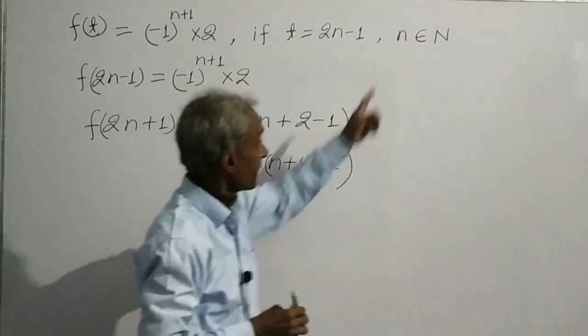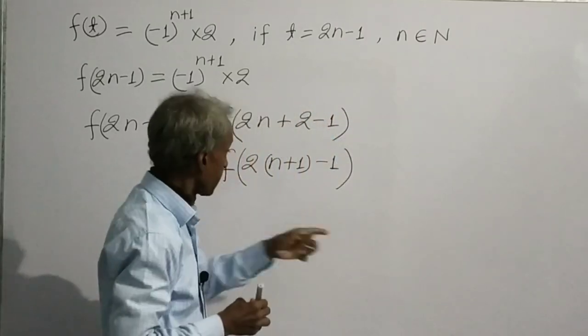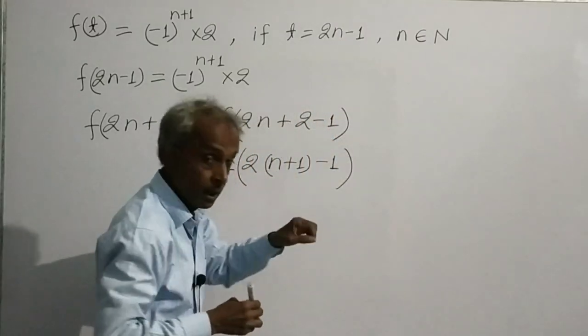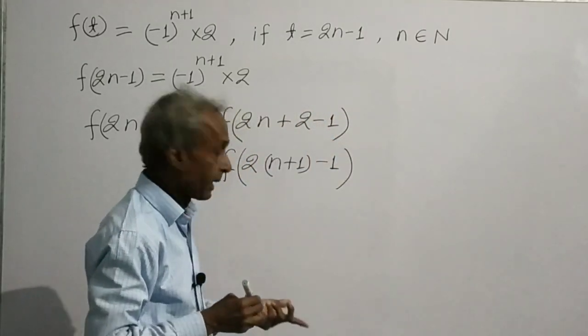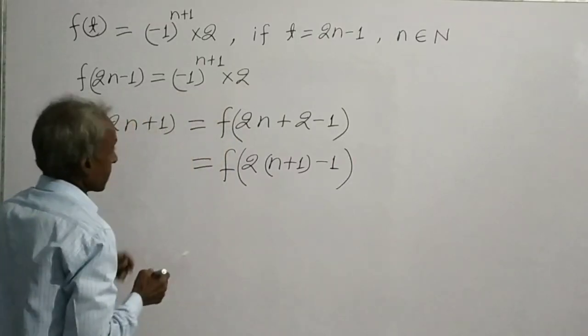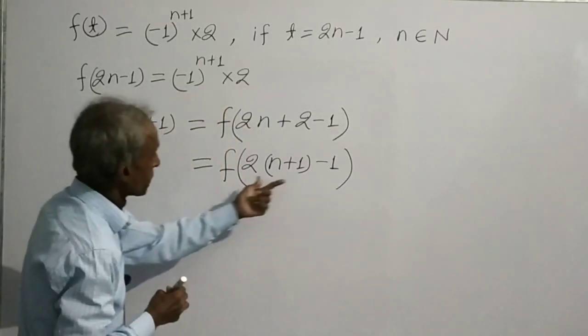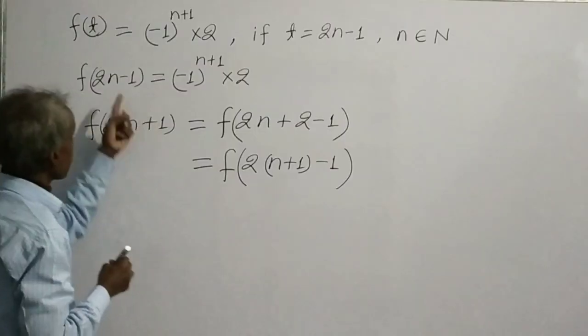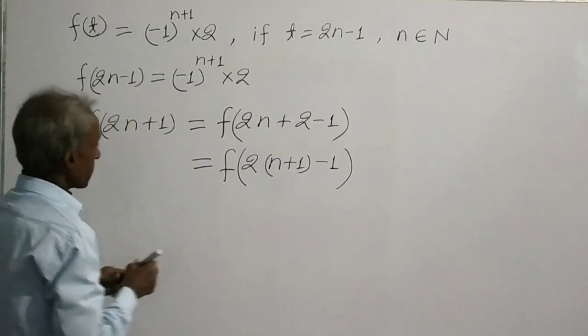When n is a natural number, then n plus 1 will also be a natural number. Therefore, now this has been converted in this form.